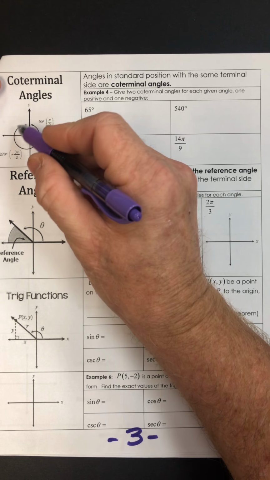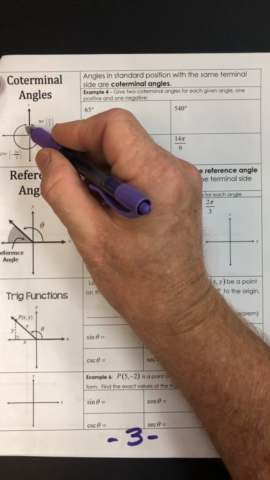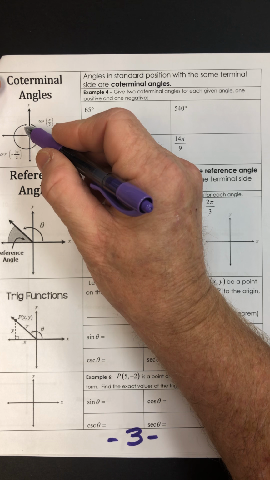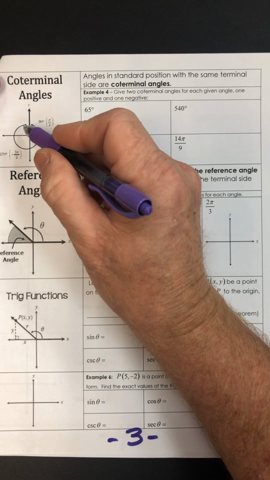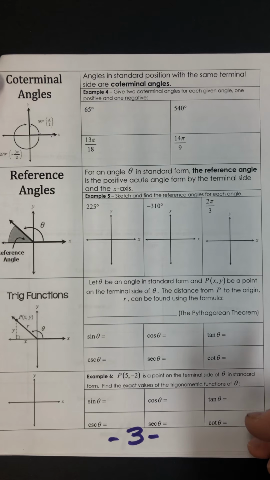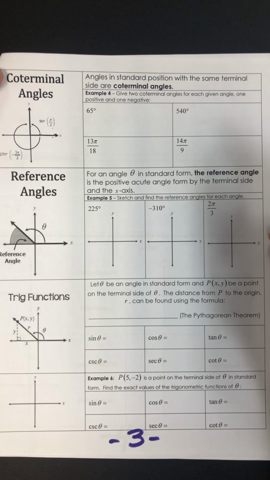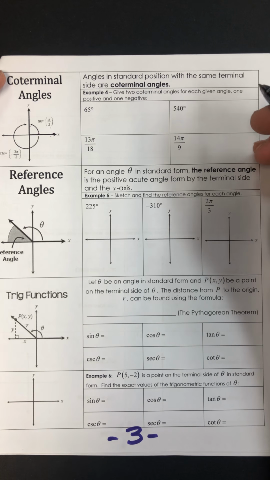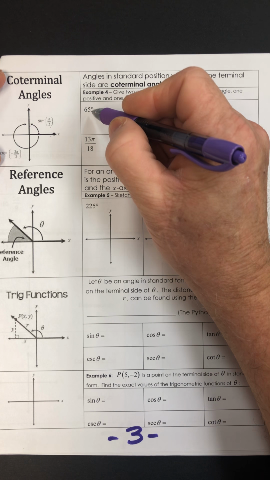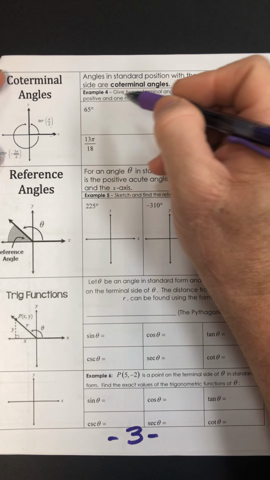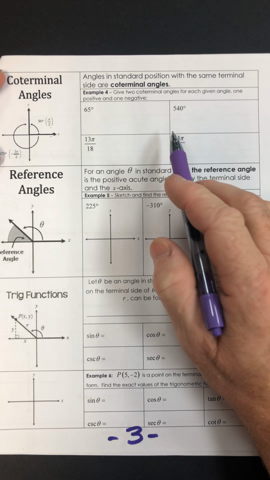Starting here and going negatively, I get a coterminal angle, negative 270, and then I could go negative 360 and negative 360 again. So there's an infinite number of coterminal angles. But it's quickly figured out when you start with a certain angle and you want a coterminal angle.